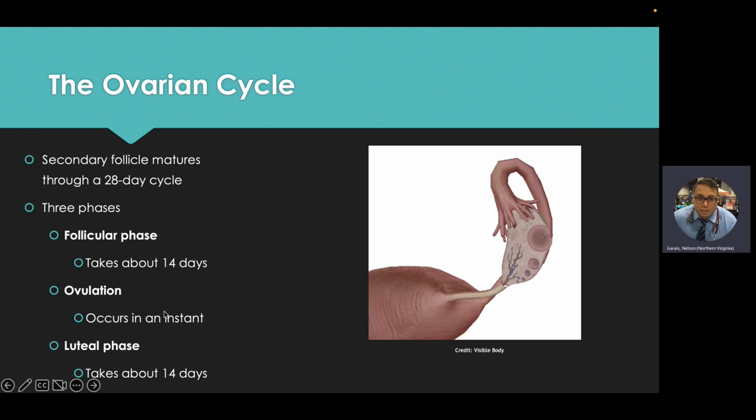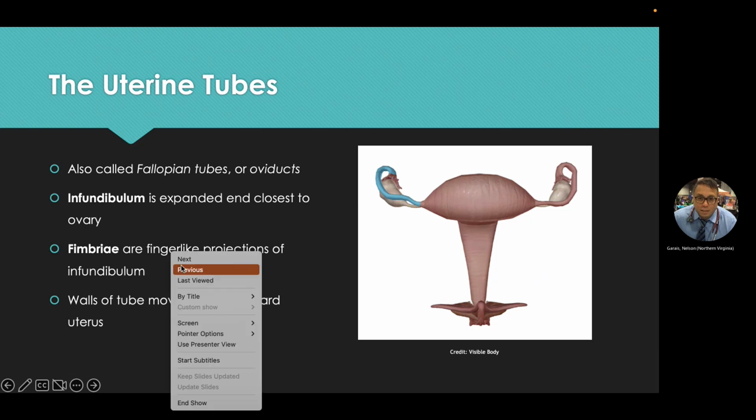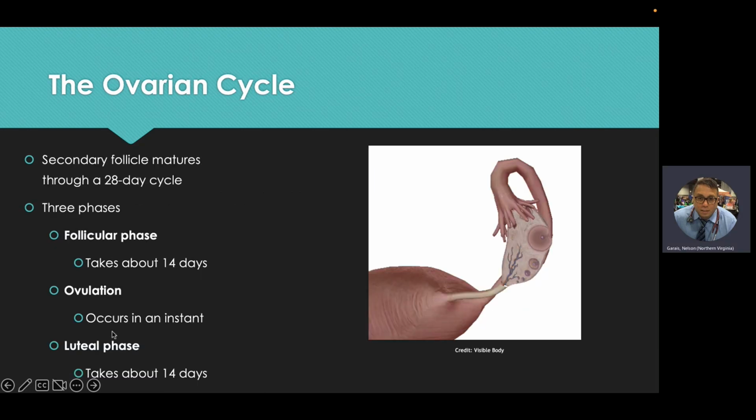Kindly Google menstrual cycle or ovarian cycles, and it's a better way to look at a chart than words. So you have the follicular phase and luteal phase.